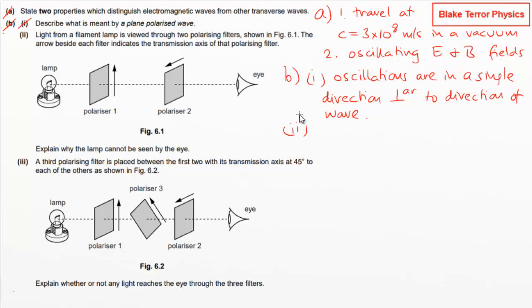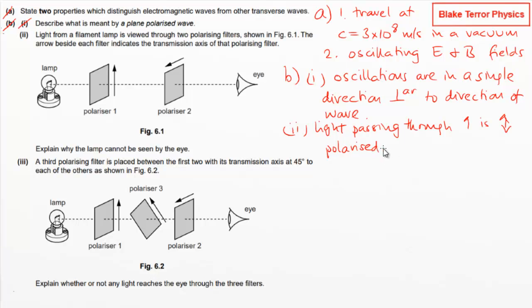So let's talk about each transmission one after the other. Light passing through polarizer 1, I'll just call it 1 to save time, is going to be vertically polarized.